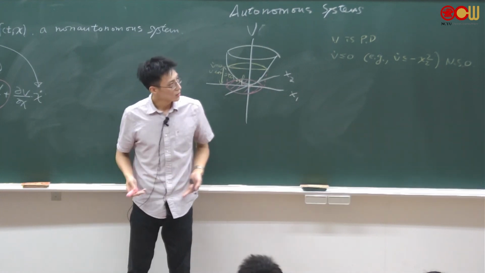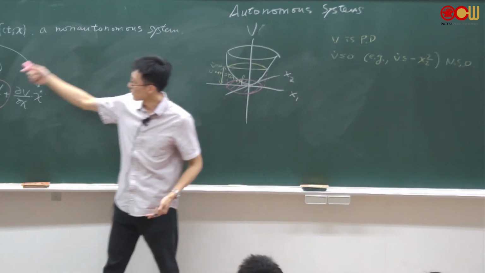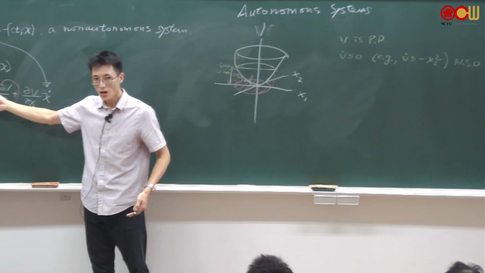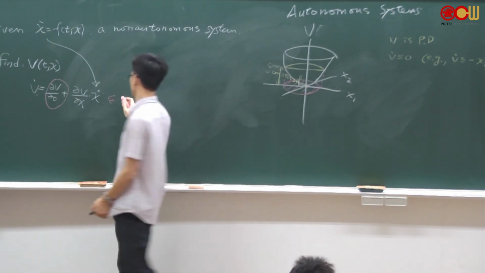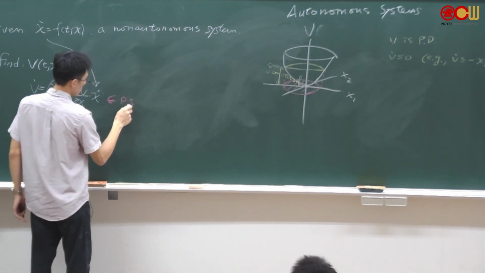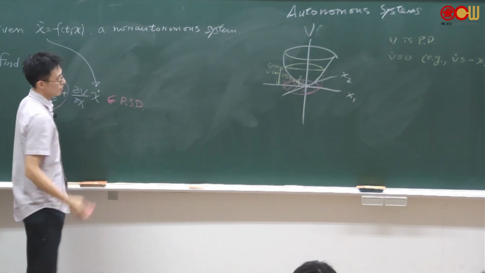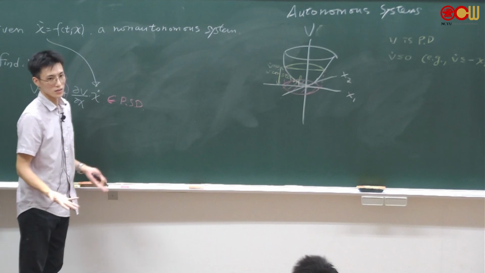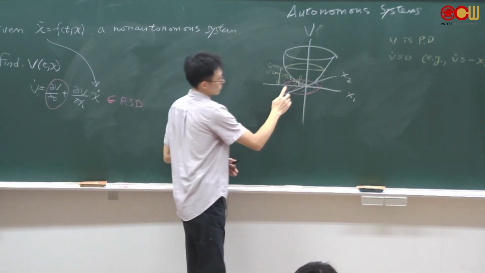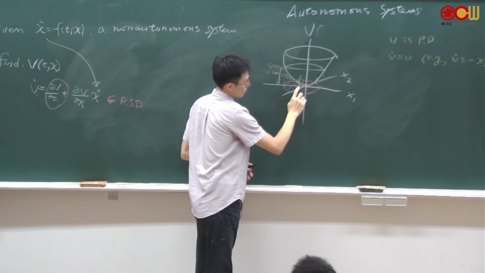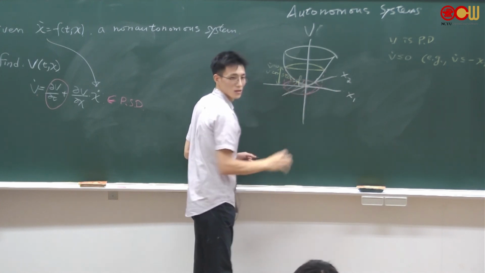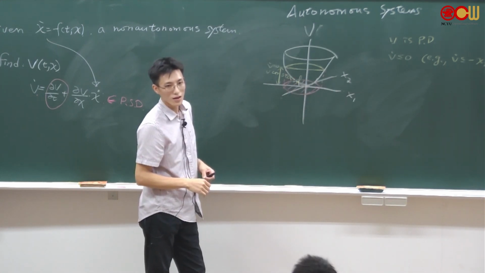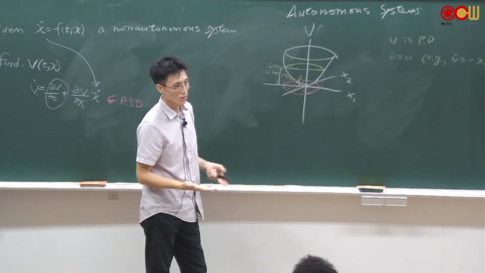So if you substitute your dynamics into your V dot and find that it is PSD, then you know the system is stable, because the solution of x never goes outside of this invariant set, and that's the definition of stable.